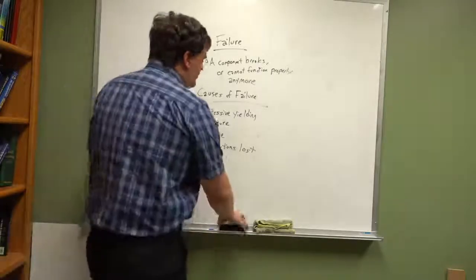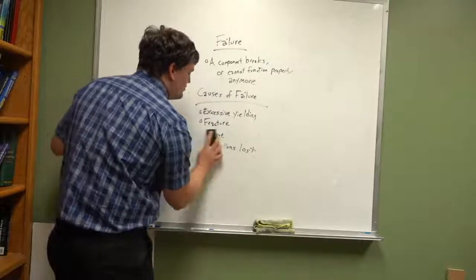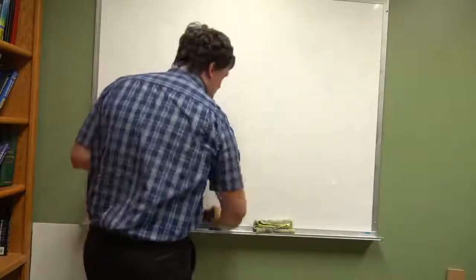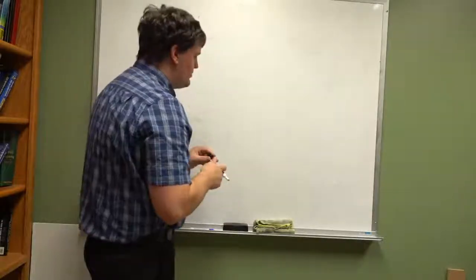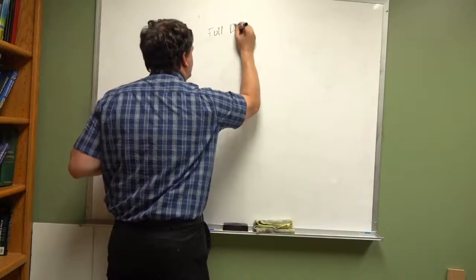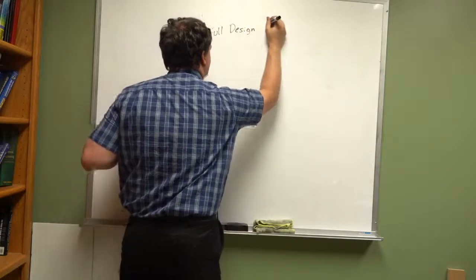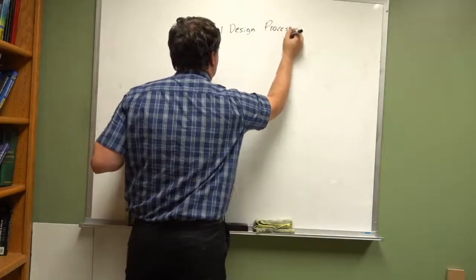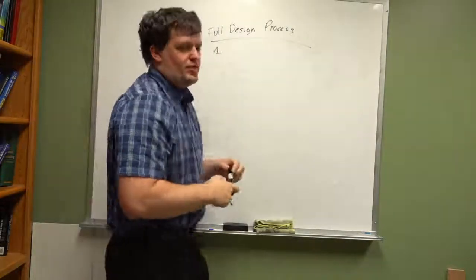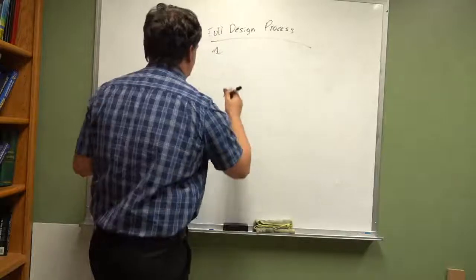So the full design process for a mechanical engineer, if I were to just put this in a nutshell. Step one, you need to understand the functionality and the constraints.